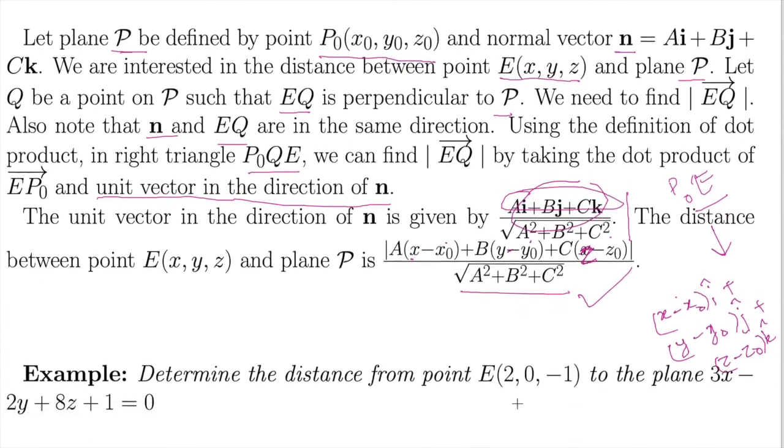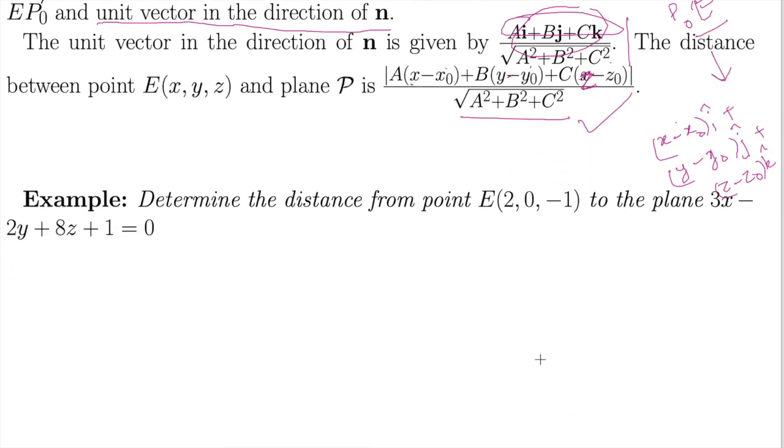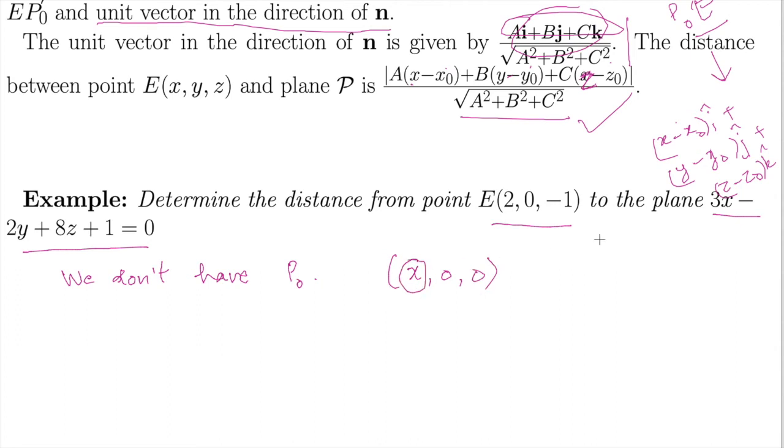Okay, now let's use this knowledge to find the distance of this point to this plane. We do not know the point P0, but we can find it by choosing arbitrary values. Let's say we want x, 0, 0. I do not know what x is, so I'll just plug in 0 and 0 for y and z and find x.